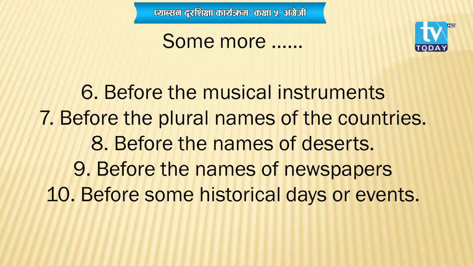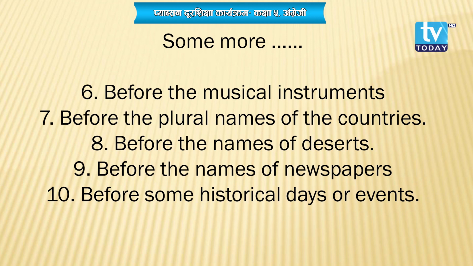In number 7, before the plural names of the countries, we avoid the use of "a" or "an" in front of plural nouns. But here, if we are talking about countries having different states, then we can easily use the article "the": the USA, the UK.